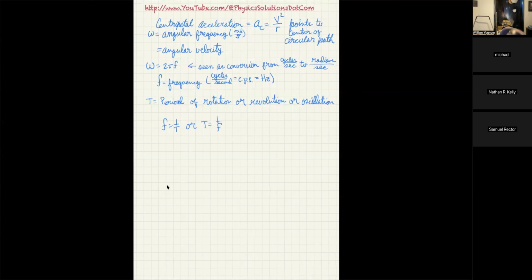Because remember, a complete revolution is 2 pi radians, and therefore a complete cycle is 2 pi radians. So really, we're just multiplying the cycles times 2 pi to get radians per second instead of cycles per second. Anybody have any questions on that?